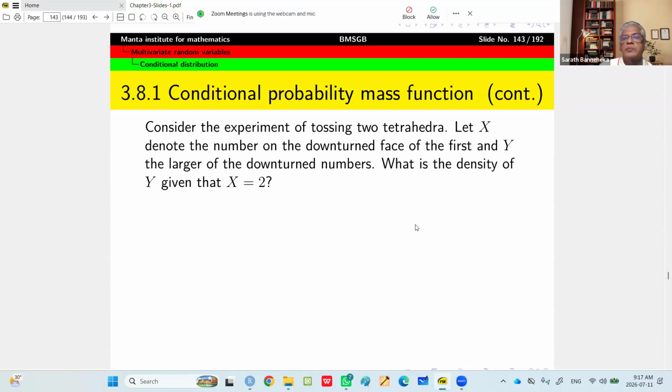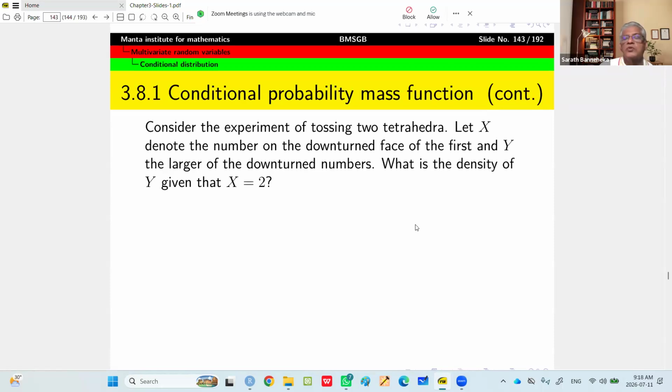So let's look at an example. Consider the experiment of tossing two tetrahedra. Let capital X denote the number on the downturned face of the first, and Y the larger of the downturned numbers. Right?